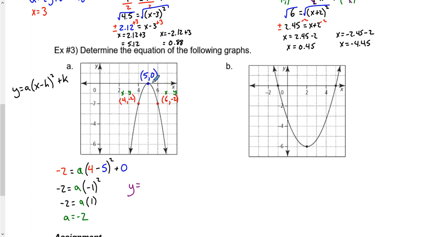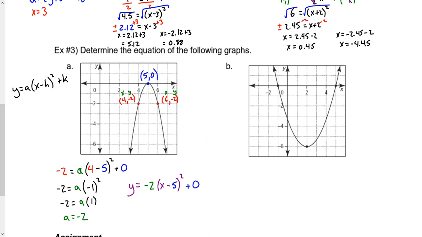So the last bit of information that we need is to put it into the actual equation. A value is -2. Our h value is 5. And our k value is 0.